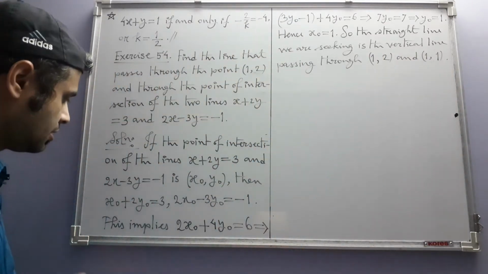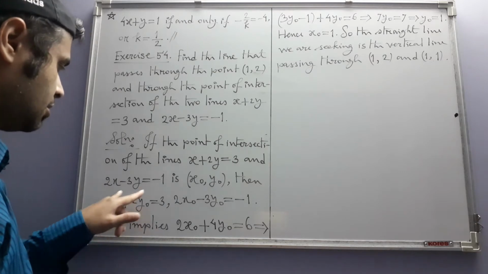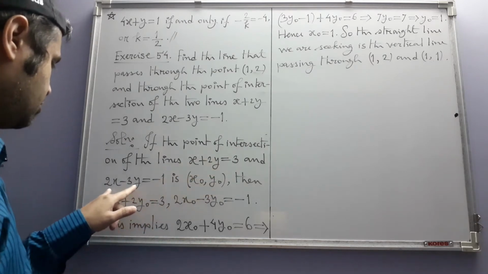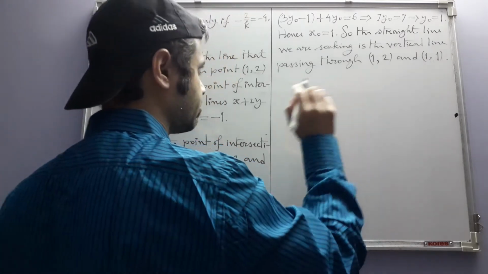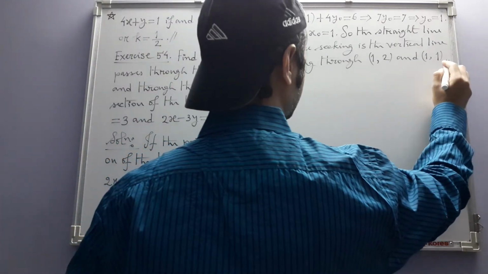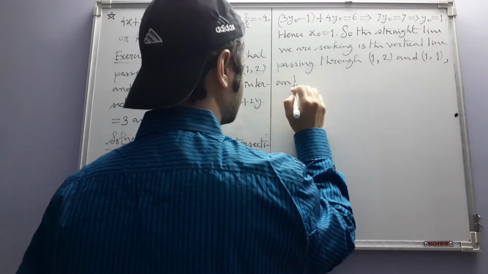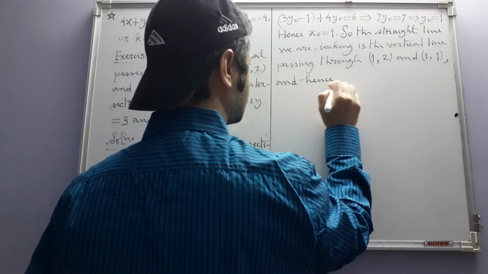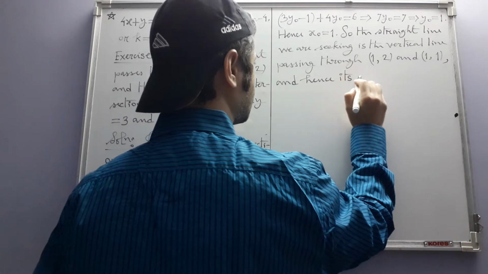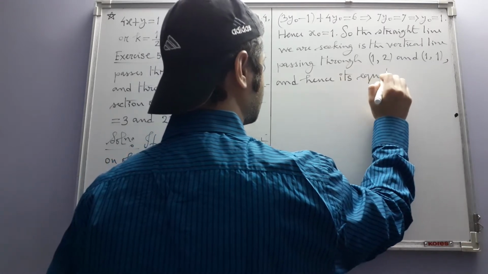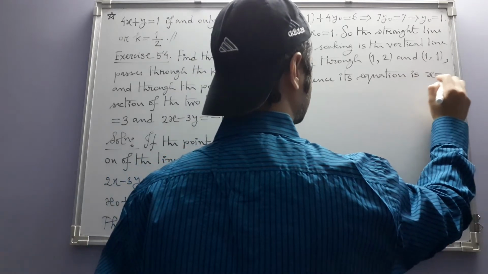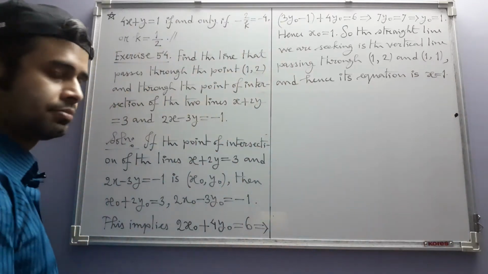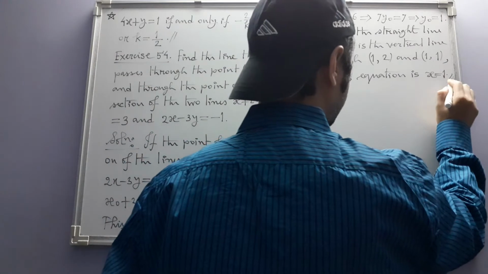We have already seen that 1, 1 satisfies this equation. Does it also satisfy? Yes. So there is no mistake in this value, and hence its equation is x equal to 1. That's the solution.